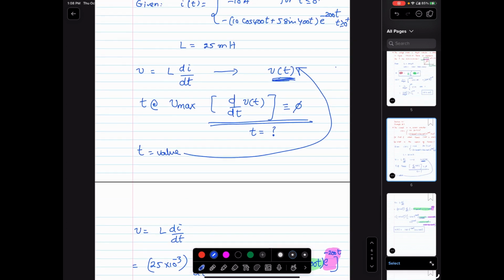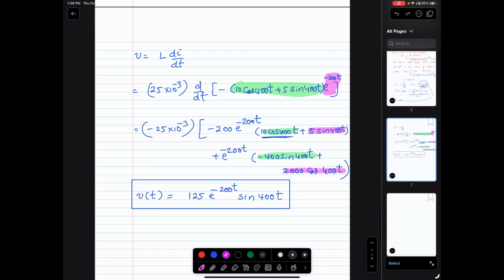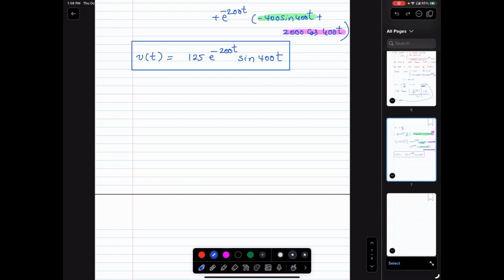Once we have this expression, we want to take the derivative of it and equate that to 0. Let's take the derivative of v of t with respect to time, d by dt of 125 e to the negative 200t times sine 400t. We apply the chain rule one more time and then equate that to 0.